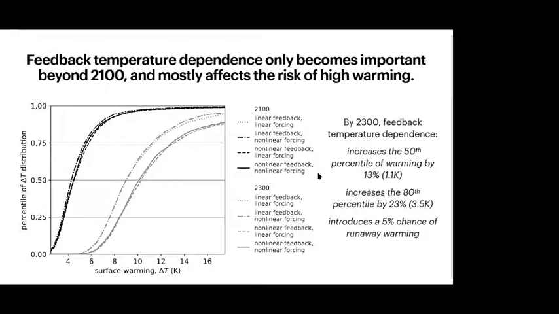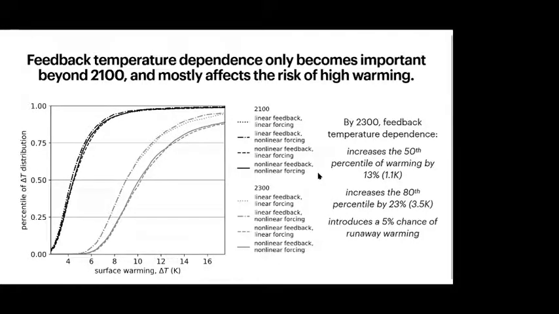In the far future, by 2300, there is a difference, but it's all due to the nonlinearity of the feedback as opposed to the forcing. You have a 10% increase in the 50th percentile of warming, or excuse me, 13% increase. You have a 23% increase in the 80th percentile, and you have a 5% chance of runaway warming by 2300.